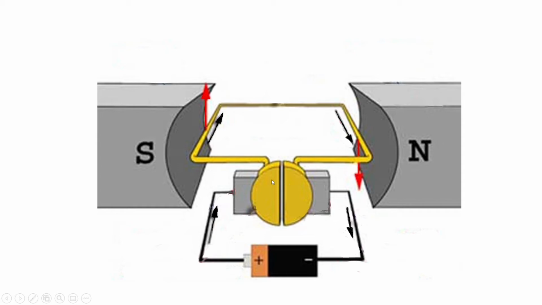What we need is a coil of wire around a shaft. I'm not showing the shaft in this diagram, but a coil of wire and a commutator with some brushes that allow current to flow in and create a magnetic field.